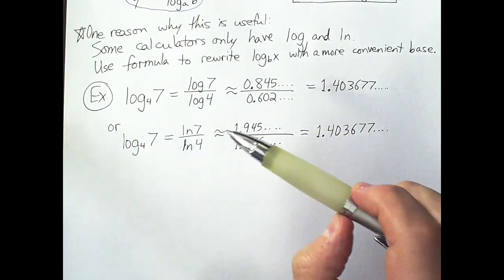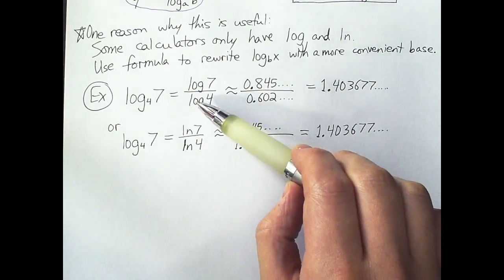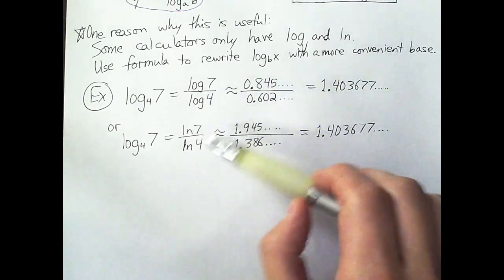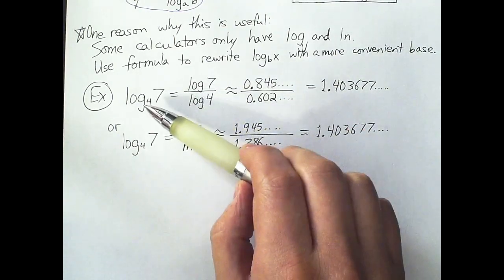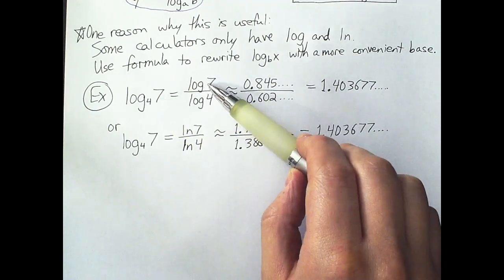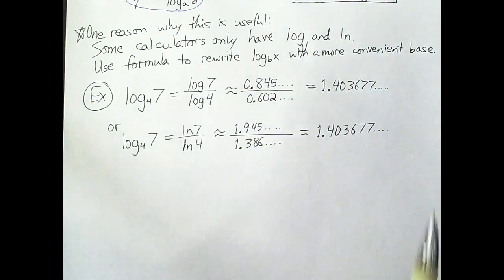Computers and calculators will sometimes have a big table of values of like what's log 1, log 2, log 3, log 4, ln 1, ln 2, and like have a huge table. And then if you wanted something in a different base, it uses the change of base formula and looks up these pieces on the table and gets the answer that way. So the point is, somebody had to program that, and it's a cool thing to know.